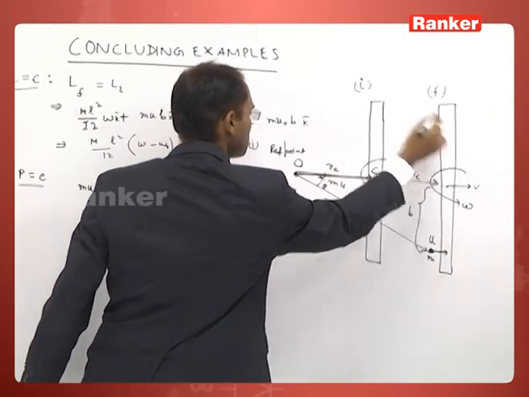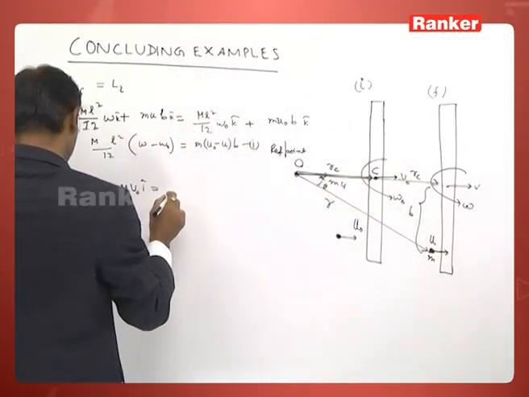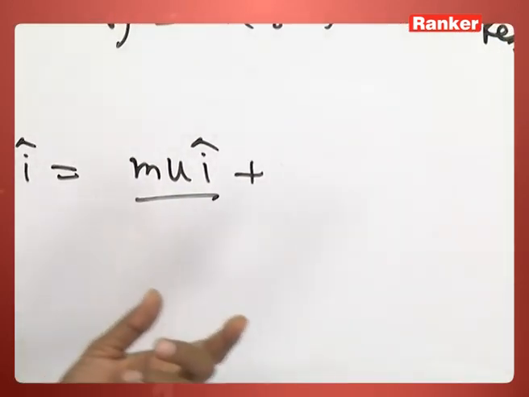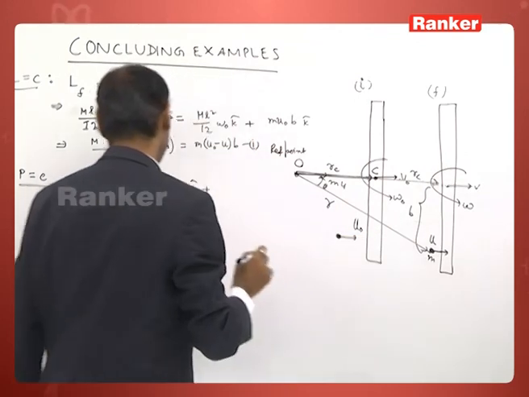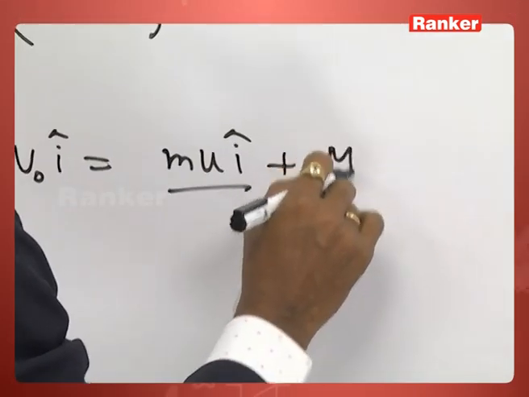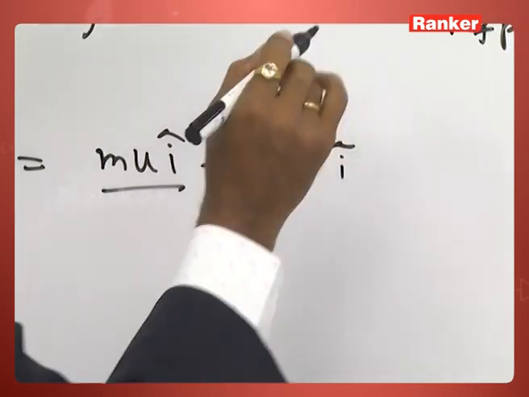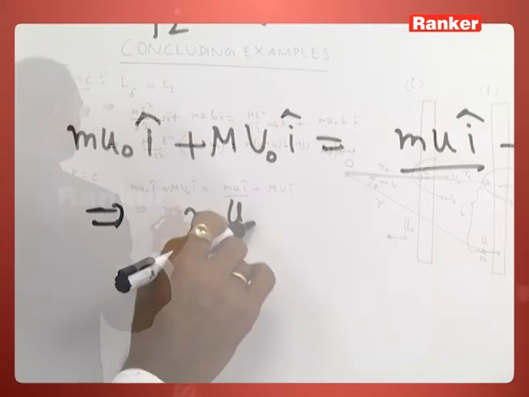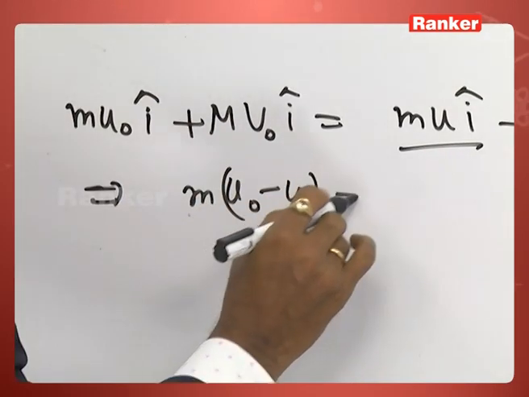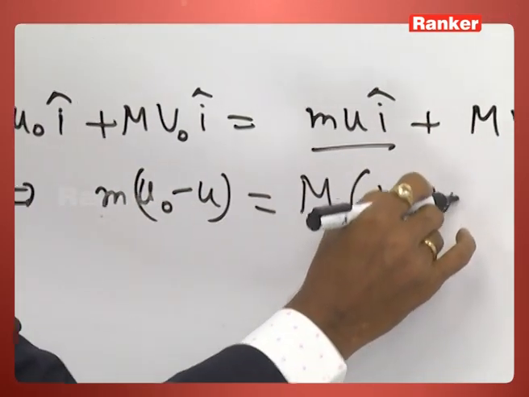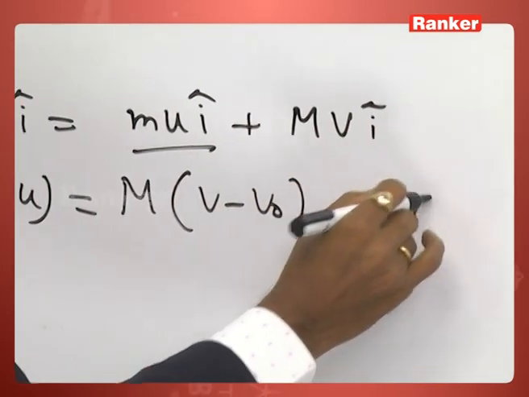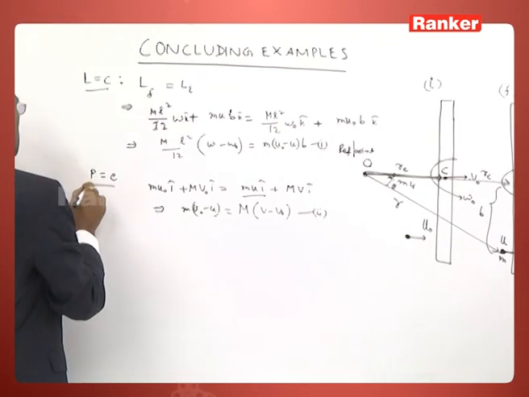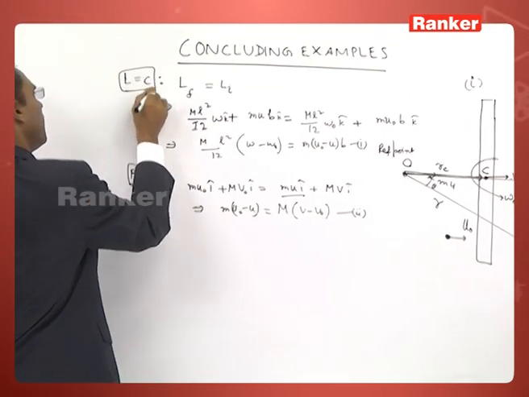Just after the collision, it is m u I cap for the particle and M v for the rod. So m u naught minus u is equal to capital M v minus v naught. Second equation, based upon the conservation of linear momentum.